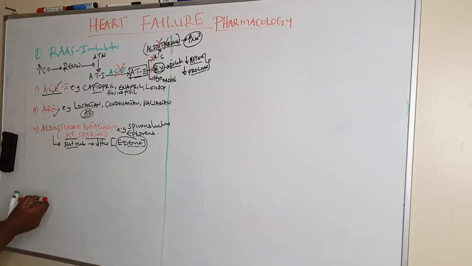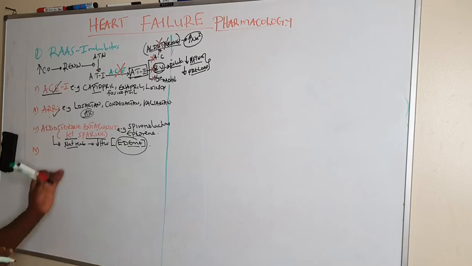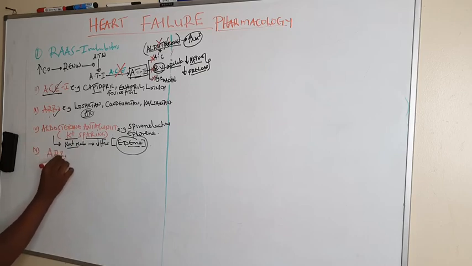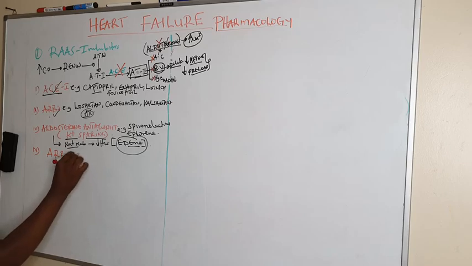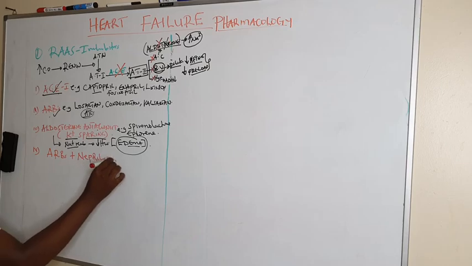Then another class under RAAS is that if someone is failing on these drugs, we can combine them, for example, an ARB together with a neprilysin inhibitor.